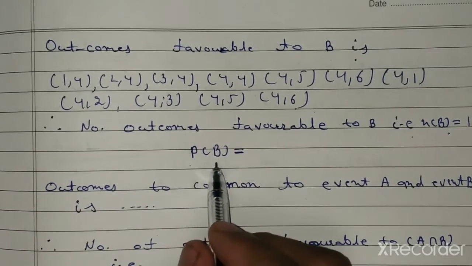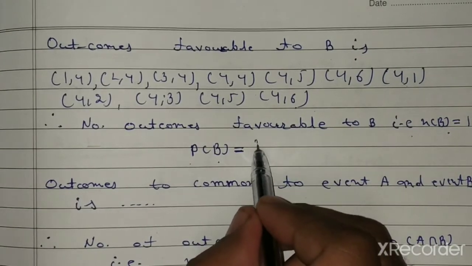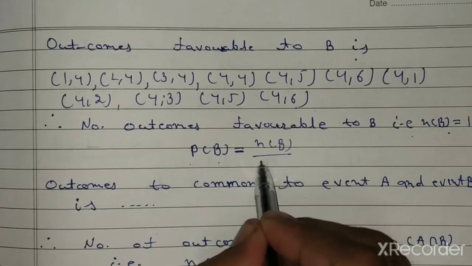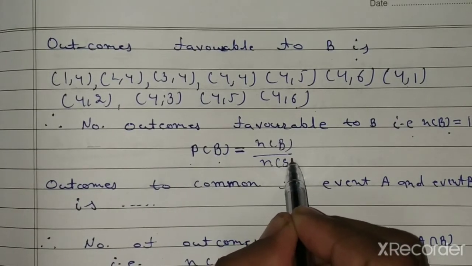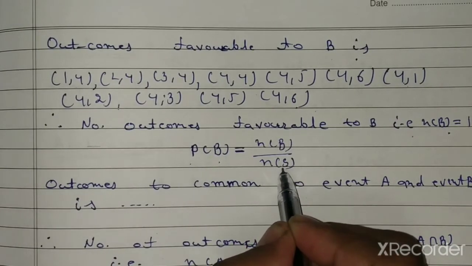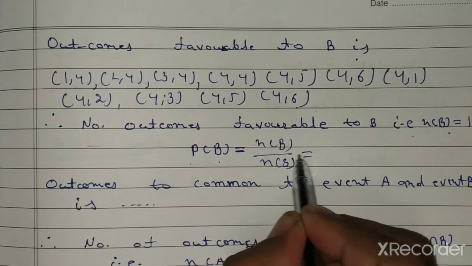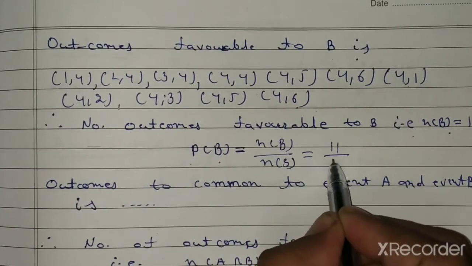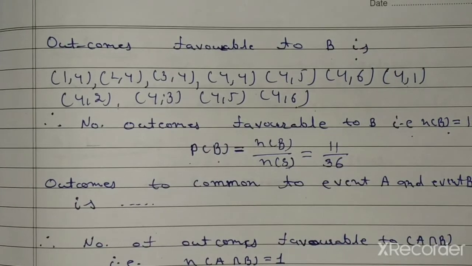Now probability of B is n(B) upon n(S), where S means sample space. So n(B) is 11 and the number in the sample space is 36.